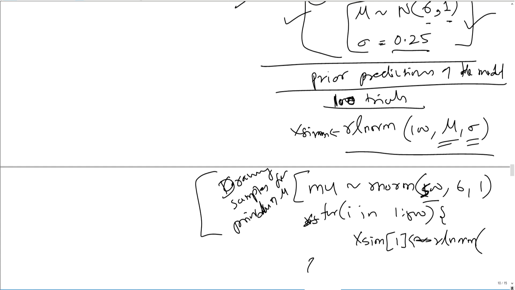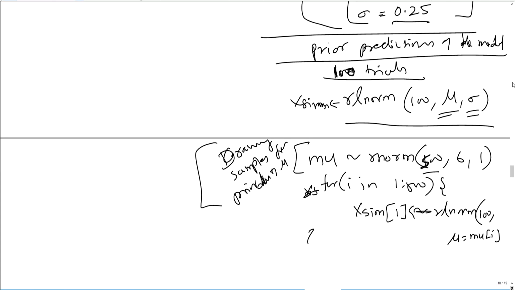You are assuming that data in each trial comes from a log normal distribution. So, use rlnorm. How many observations do you want in each sample? 100. The value of mu will be mu i, the ith sample of mu from its prior, and sigma is fixed at 0.25. That is how you can generate prior predictions.